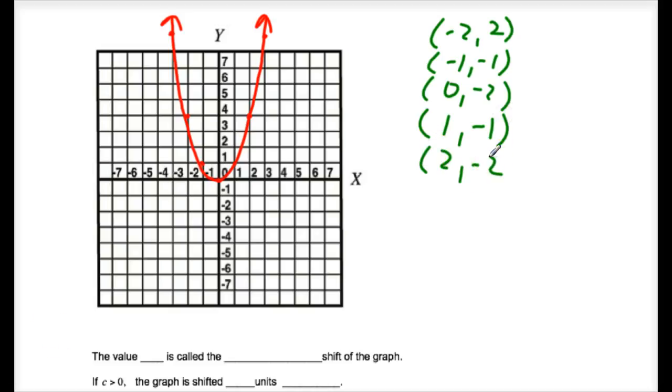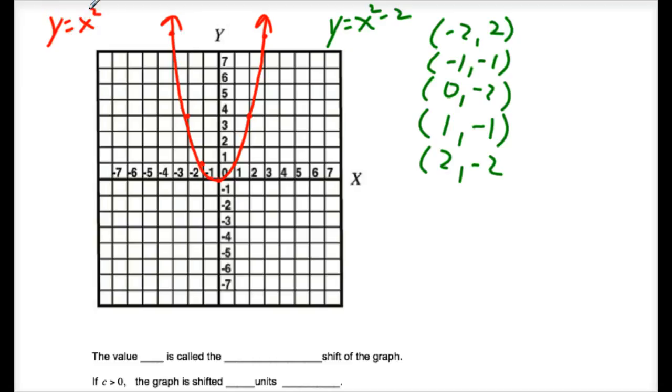Oh, before you do that, guys, wider or skinnier? The same. Is A changed at all? No. It only stayed. Look, guys, the second one is y equals x squared minus 2. The parent function is y equals x squared.